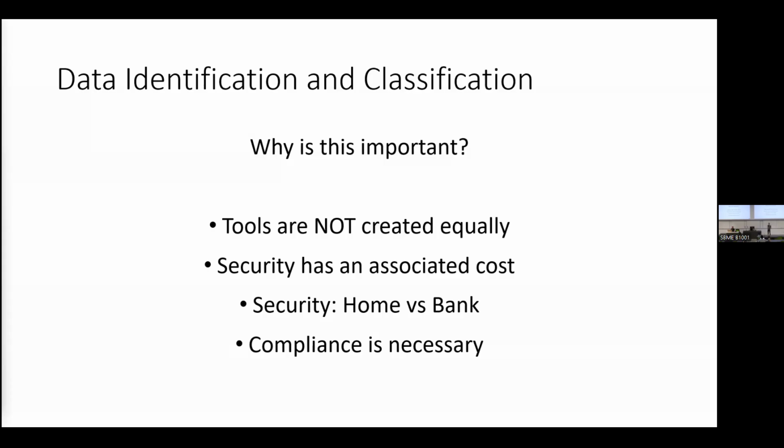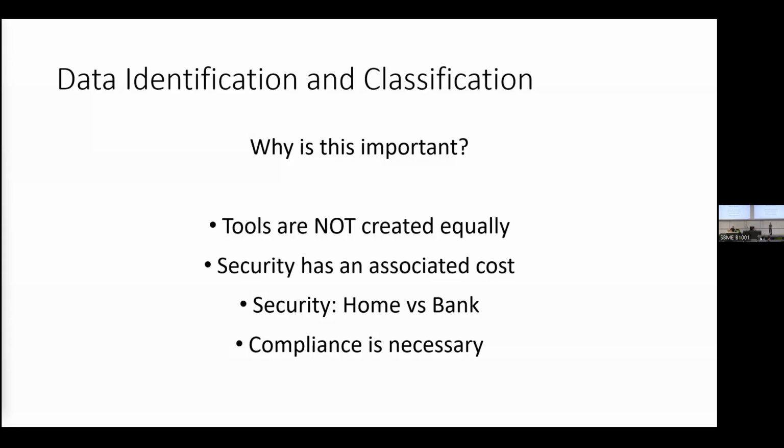And that's why classifying your data is really important, because it allows you to, first of all, know what kind of control you need and how much it's going to cost you, but also it allows you to figure out where to put your data so it's placed in a way that generates the least amount of cost for your research.